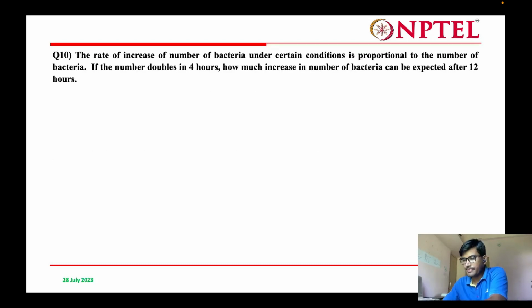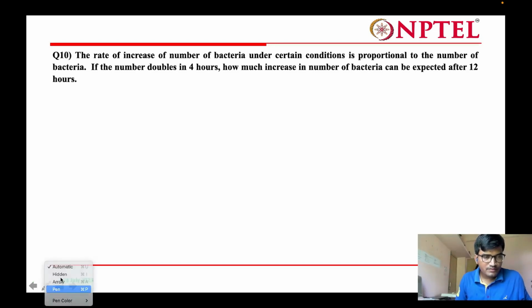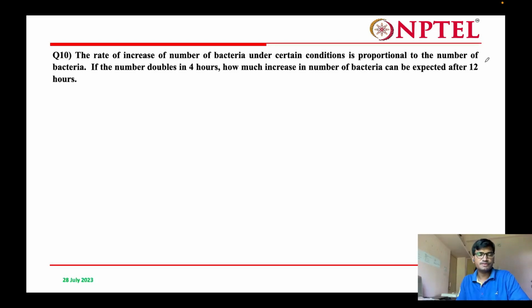Moving to question number 10. The rate of increase of number of bacteria under certain conditions is proportional to the number of bacteria. If the number doubles in 4 hours, how much increase in number of bacteria can be expected after 12 hours?